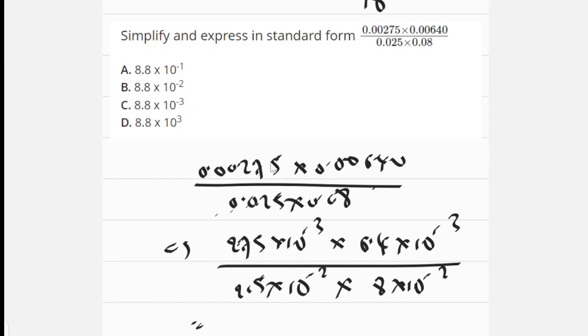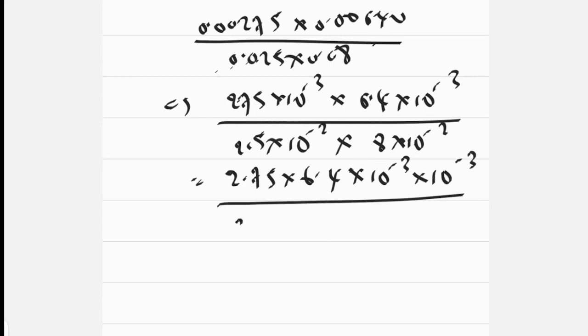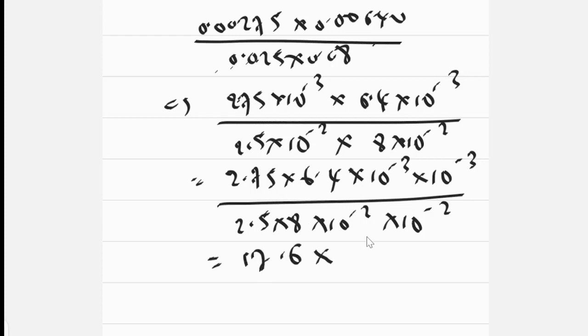If I collect the like terms, then I'm going to have 2.75 times 6.4 times 10 raised to the power minus 3 times 10 raised to the power minus 3, divided by 2.5 times 8 times 10 raised to the power minus 2 times 10 raised to the power minus 2. Now, 2.75 multiplied by 6.4 will give me 17.6 multiplied by 10 raised to the power minus 6, right?